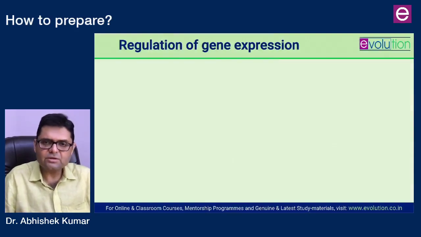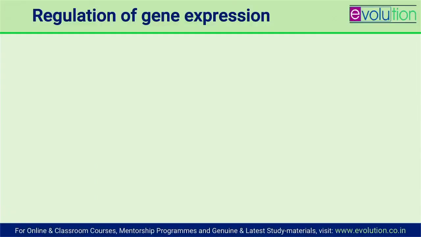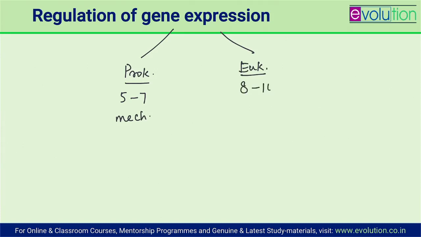Next is regulation of gene expressions. This is again going to be separately in prokaryotes. There are 5 to 7 mechanisms which you have to do, and then you have to do in eukaryotes. Again, there are about 8 to 10 mechanisms in eukaryotes. In prokaryotes, there are certain mechanisms which can be asked as a separate question.